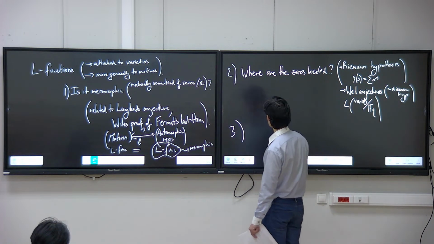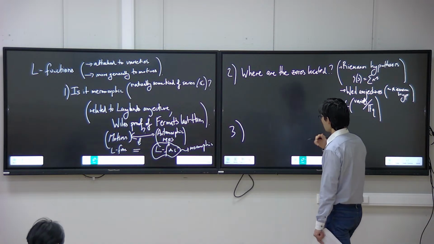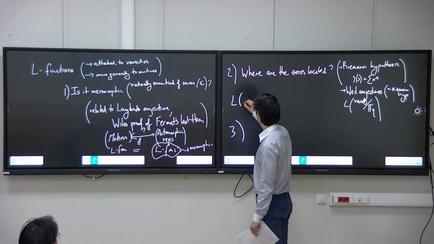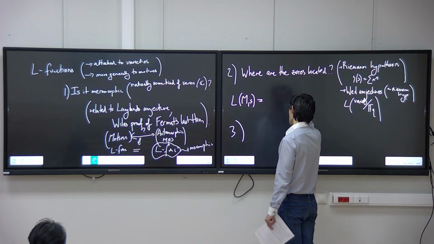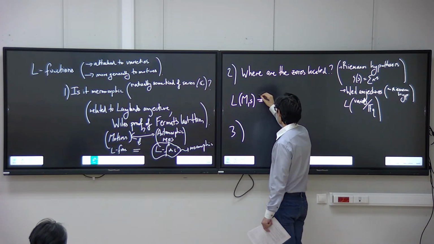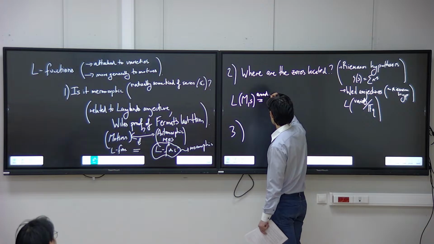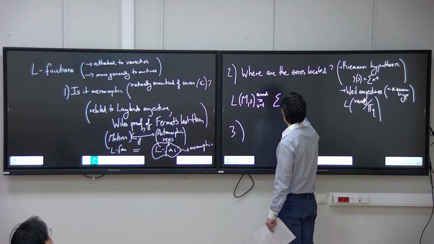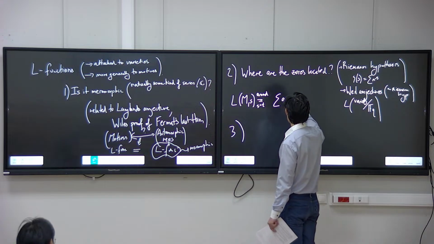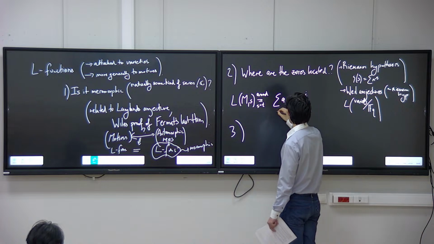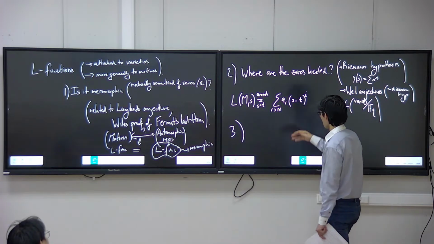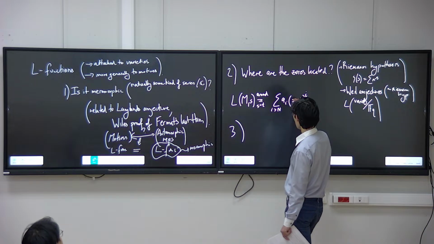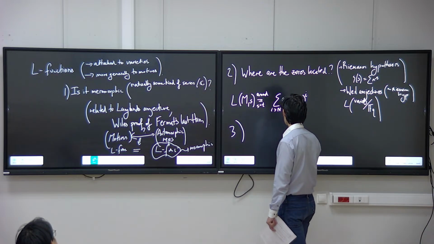Today you can ask the question: you expect the L-function of some motive, and I just write it roughly, I haven't defined it, but it will be some series. Around s equals t, it should be some series, the sum of a_i (s minus t) to the power i, starting from some n, maybe negative.